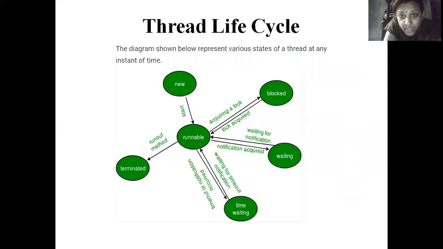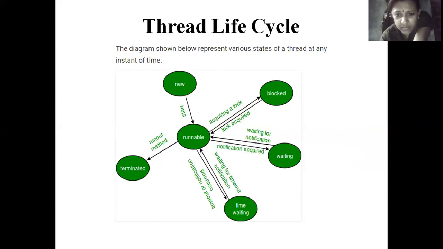It can be blocked due to some reason. Then it goes to the blocked state, and if some data is needed to run, it has to wait. In that way it can go to the waiting state.